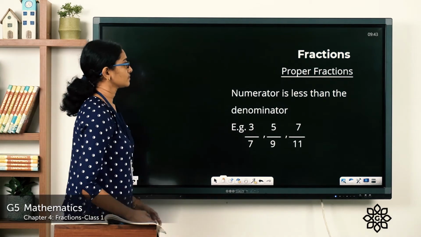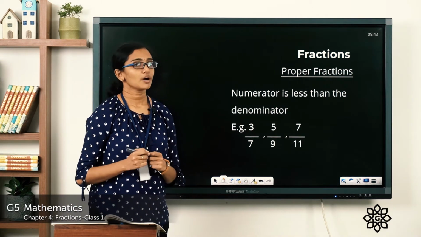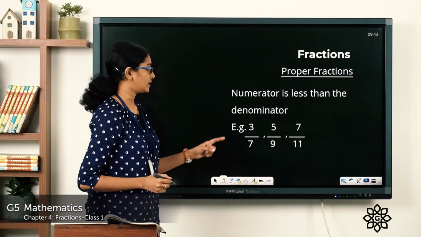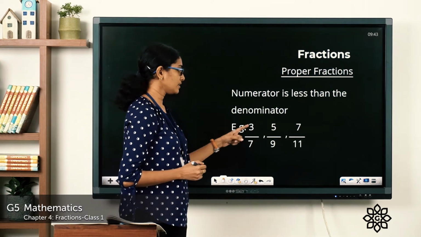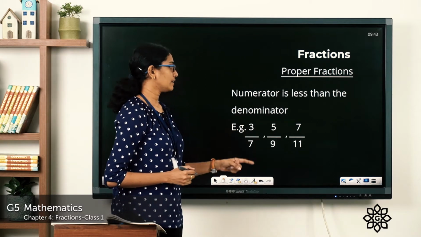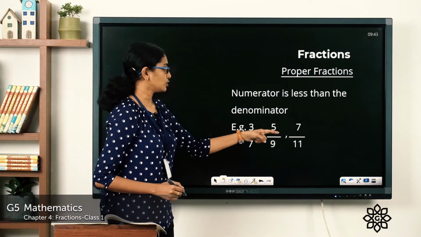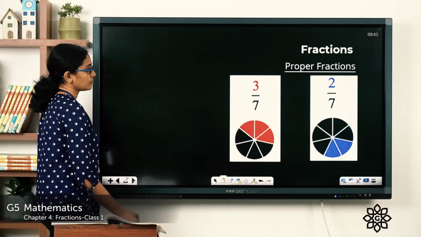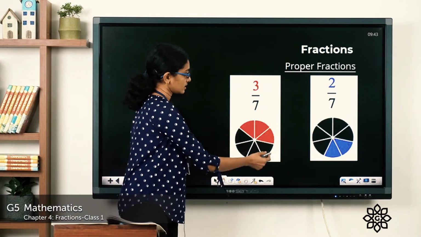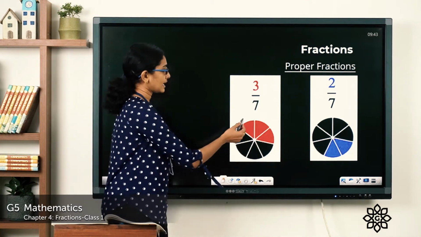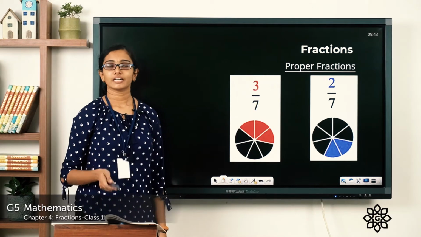Now, proper fractions. Proper fraction means the numerator is less than the denominator. Like this, 3 by 7, 5 by 9, 7 by 11. See, here the numerators are all less than the denominators. Look at this example here. The circle here is divided into 7 equal parts and 3 parts of it are colored in red.